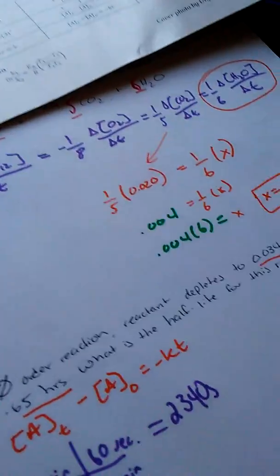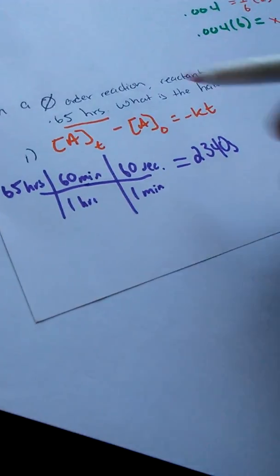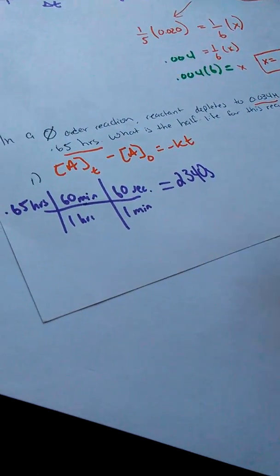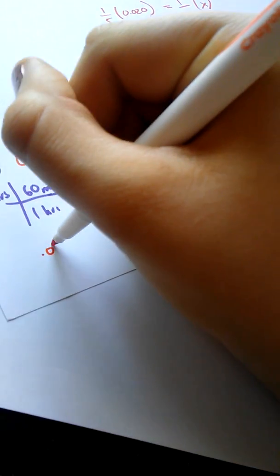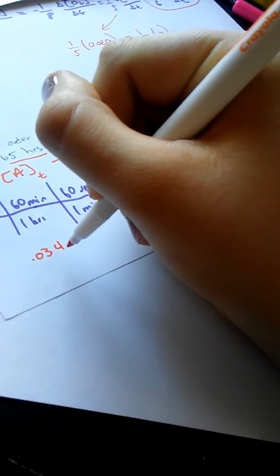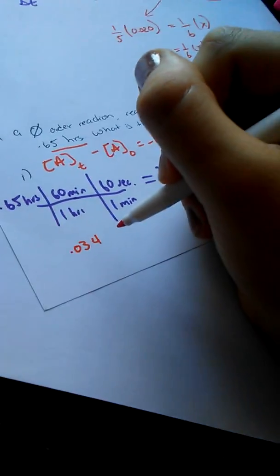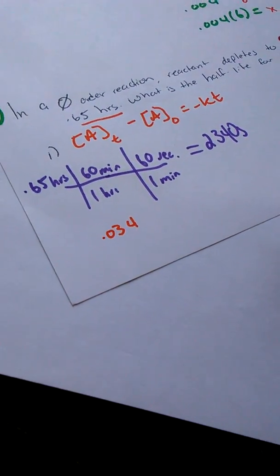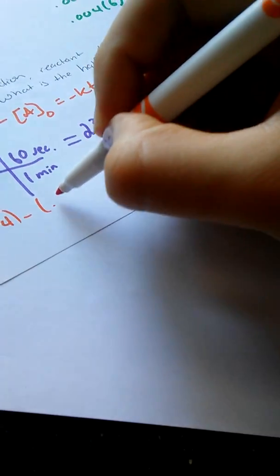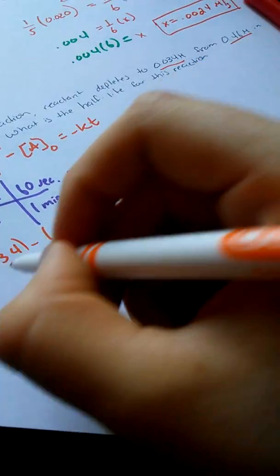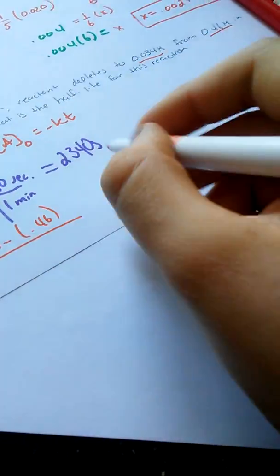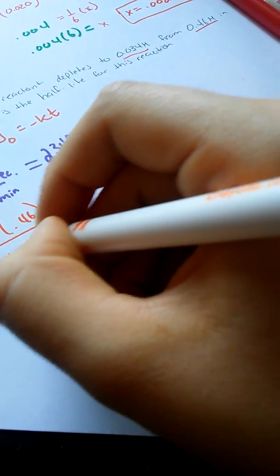Saying that, we can now plug in this formula. What did we say At was? 0.034 molar. So we have 0.034 minus our A naught, which is 0.46, over our 2,340 seconds.